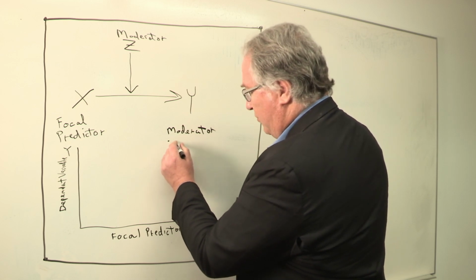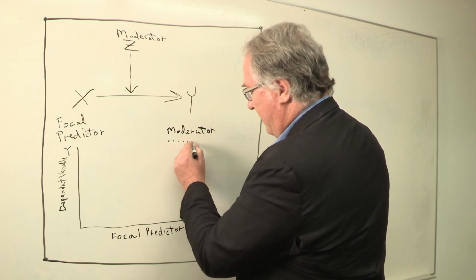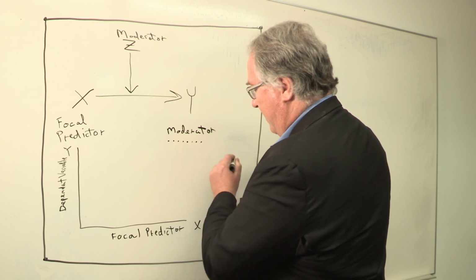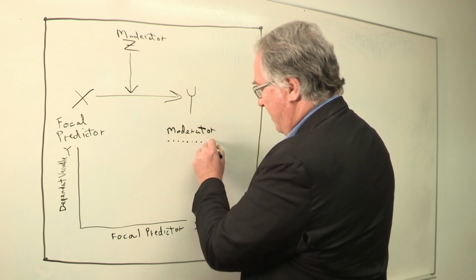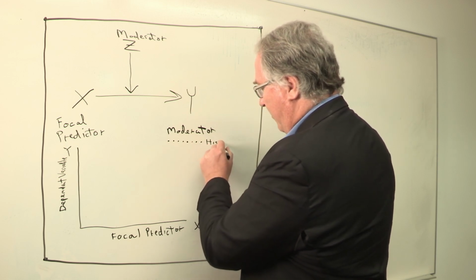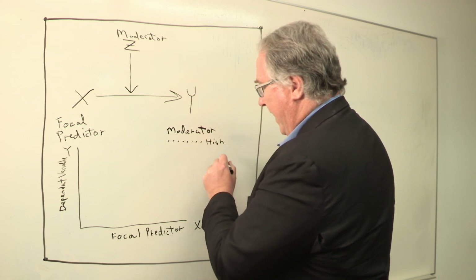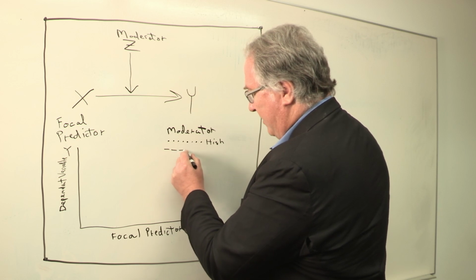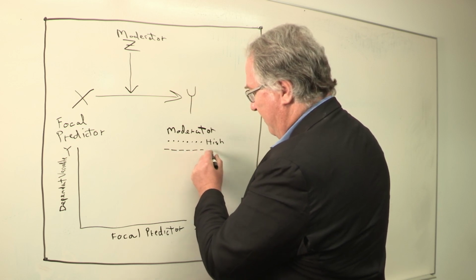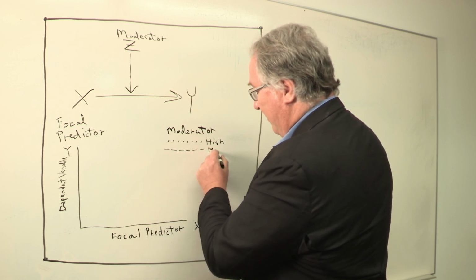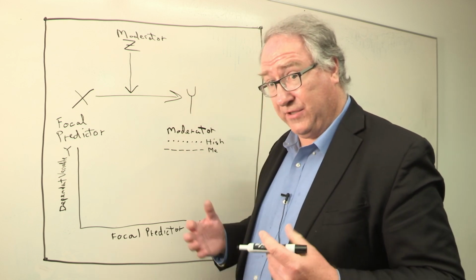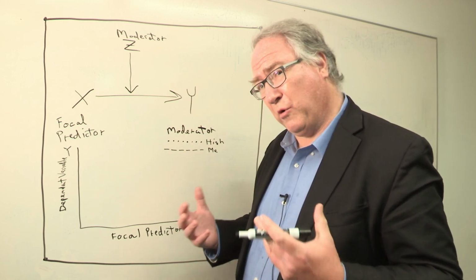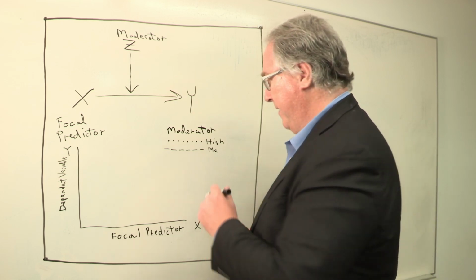So here's one level of the moderator. And we're going to call that high on the moderator. And then, more technically speaking, you may have a level that, well, in fact, you do have a level, but again, it's more technical because we really don't end up looking at it traditionally.